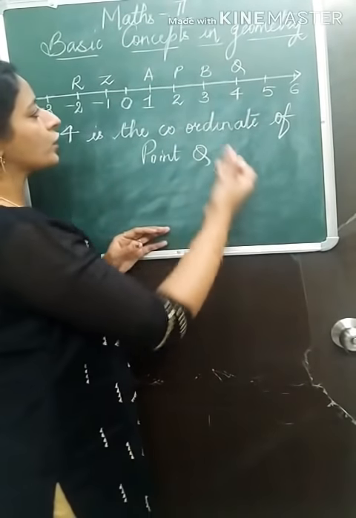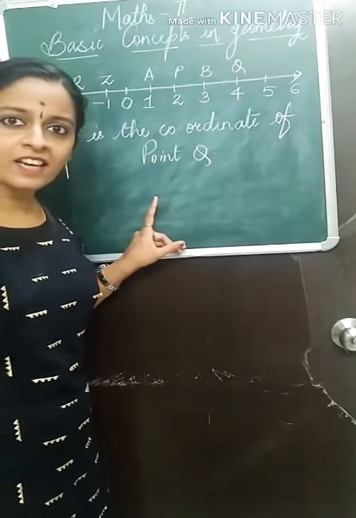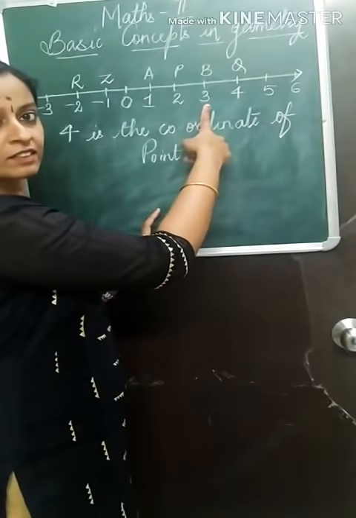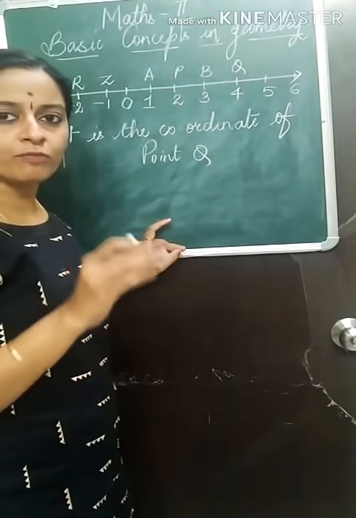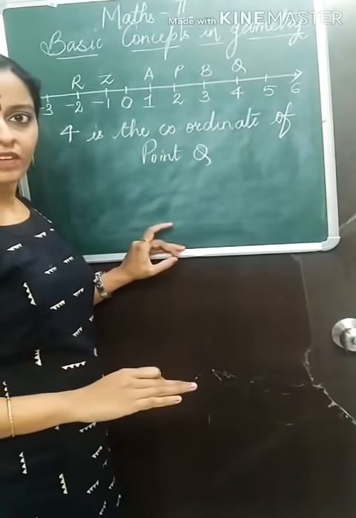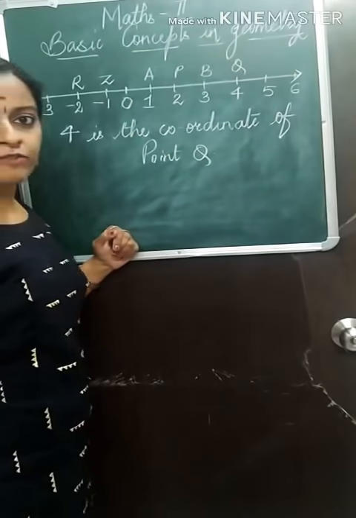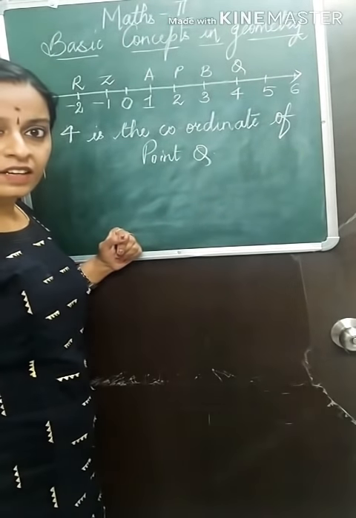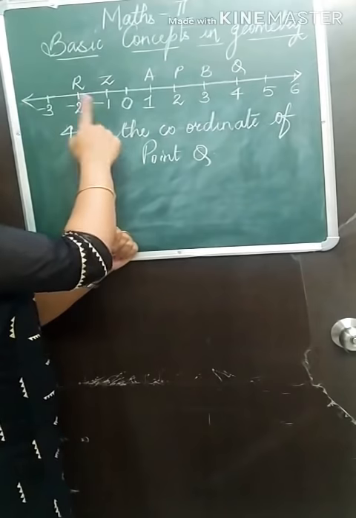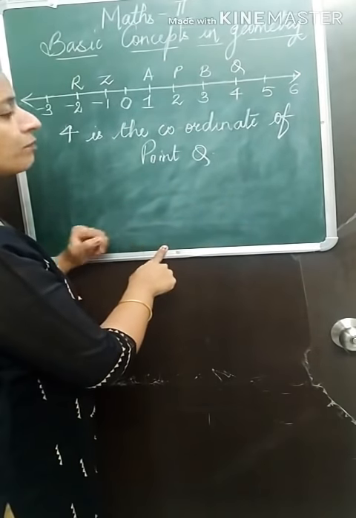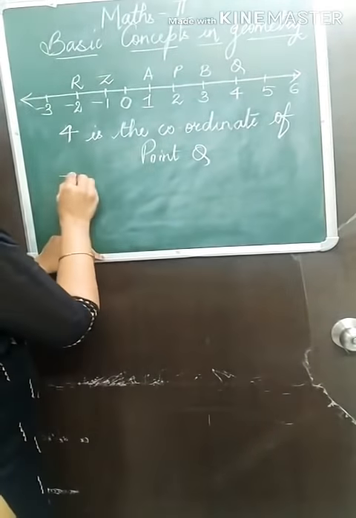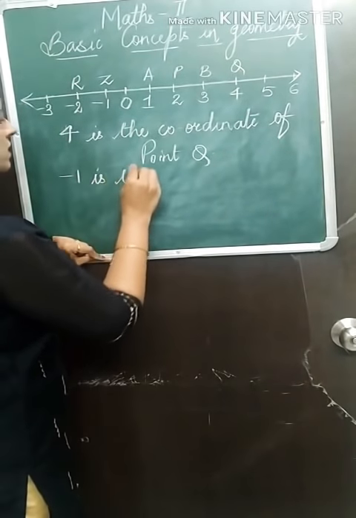So what is the coordinate of B? Look and say. 3. 3 is the coordinate of point B. What is the coordinate of Z? -1. -1 is the coordinate of point Z. That also you write.